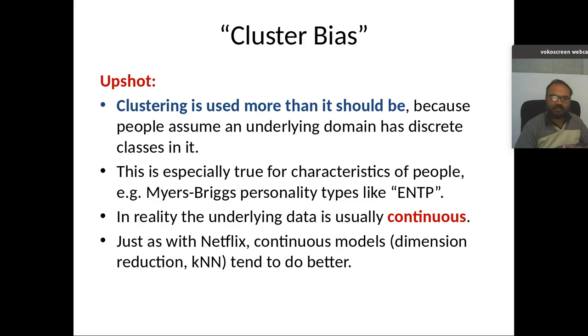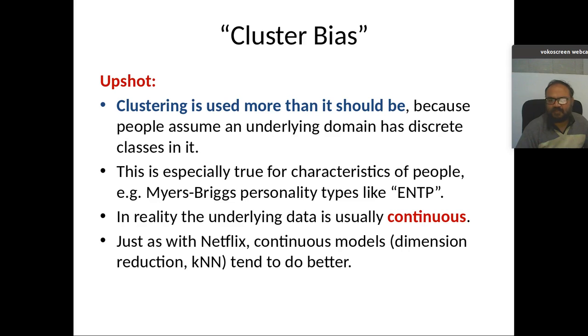Okay, some more discussion on cluster bias. We use clustering more than it should be, because we, as human beings, assume that an underlying domain has discrete classes in it. This is especially true for characteristics of people.